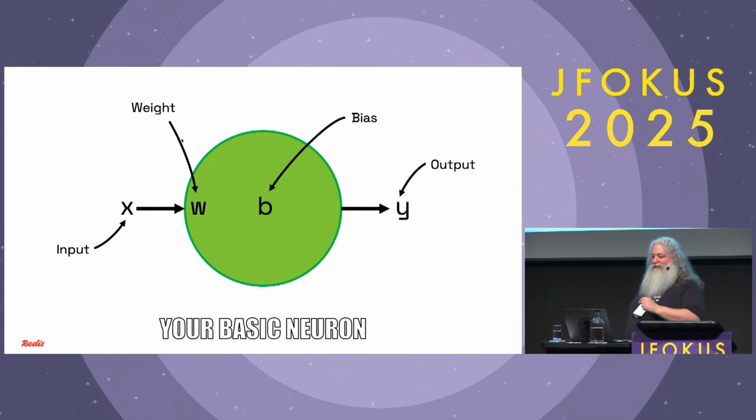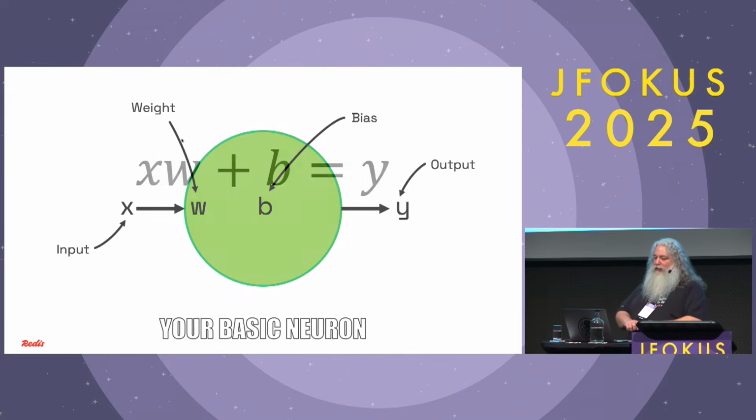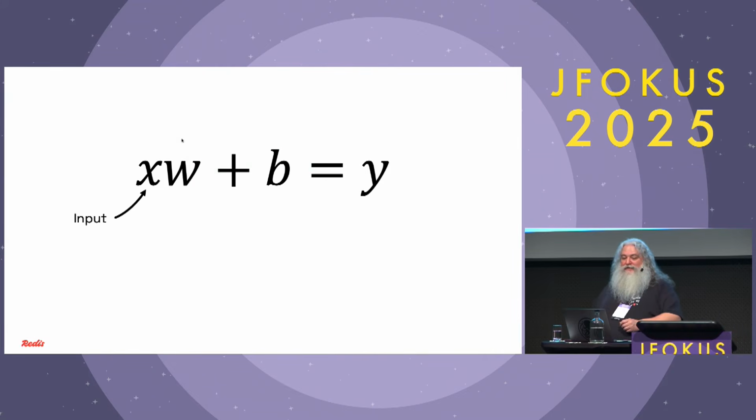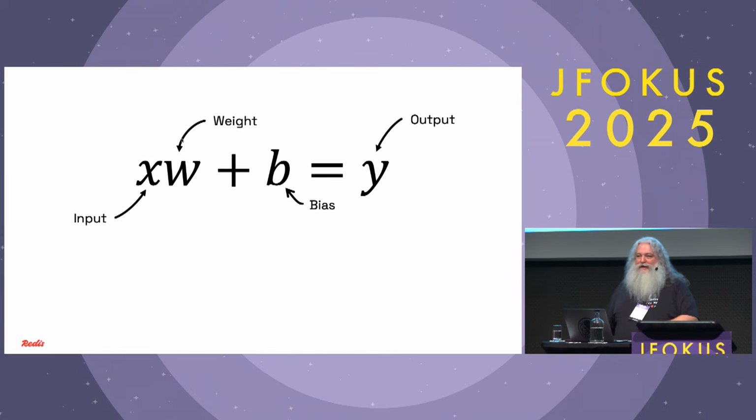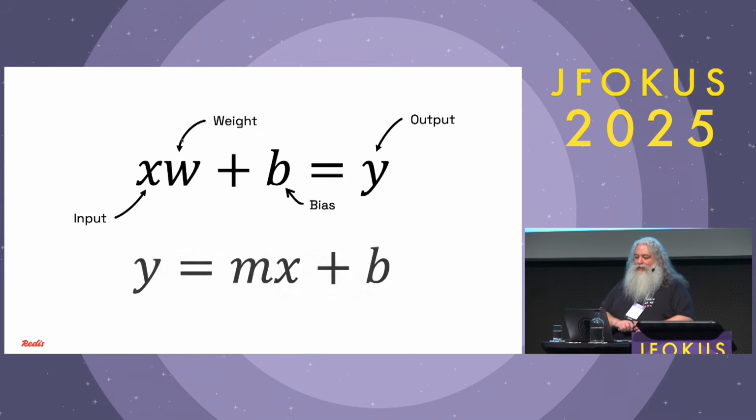But the math in here, in terms of computing what comes in and out, is actually pretty simple, because the formula is the input times the weight plus a bias. And that gives you an output. If you're savvy, you might recognize this formula as y equals mx plus b, which is perhaps the only thing I remember from high school algebra.